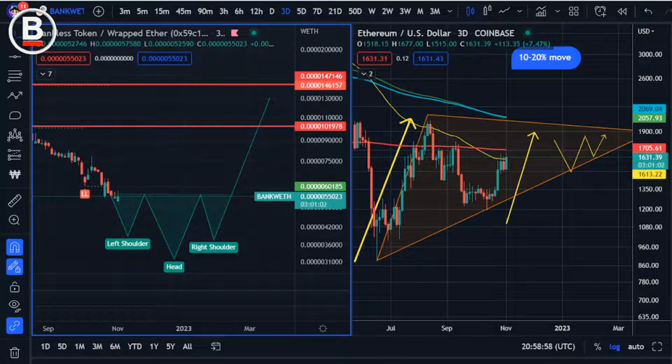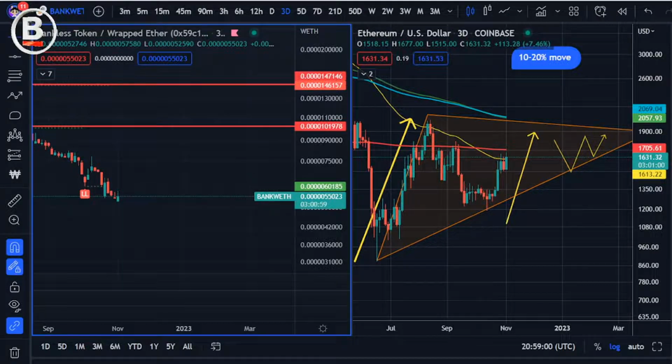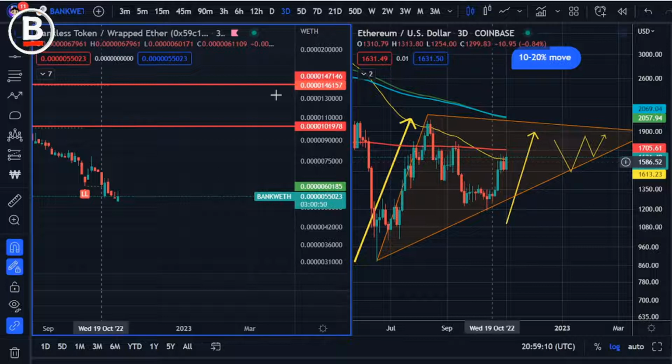Again, these are just general patterns, and deviation from these general patterns can tell you a lot more specifics on smaller time frames.